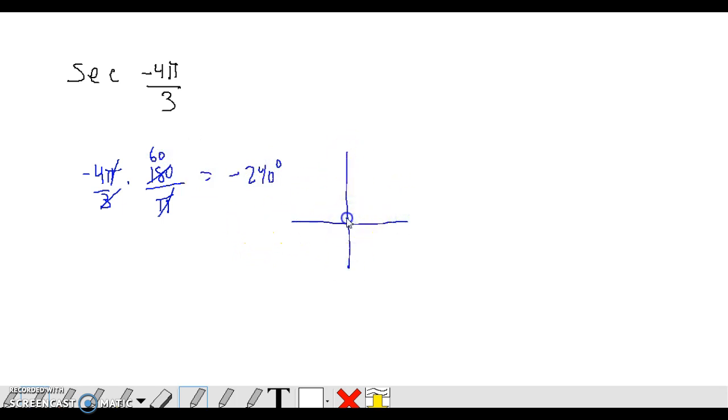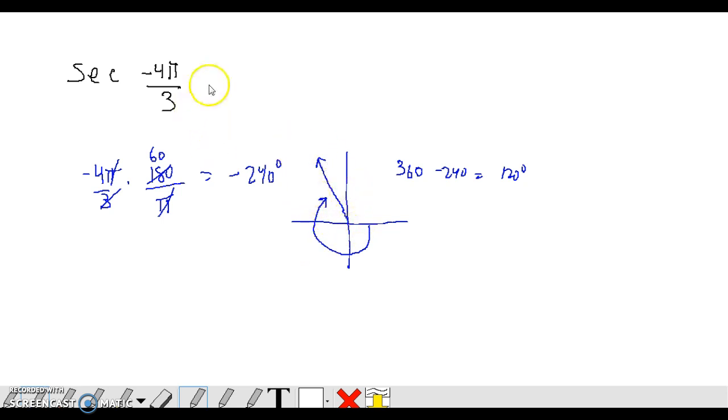I think that would be the second quadrant, all the way here. It's 240. Now, 360 minus 240 is the same as 120. Okay, so it's exactly the same problem that we did earlier.